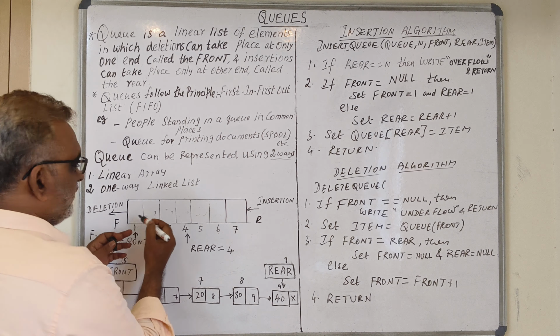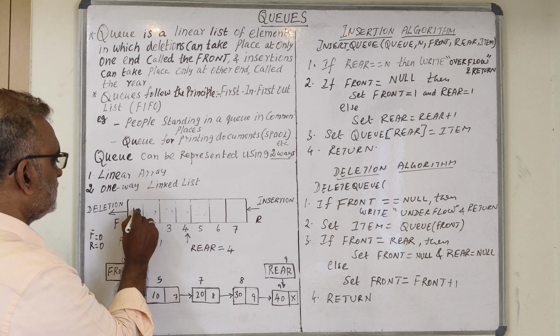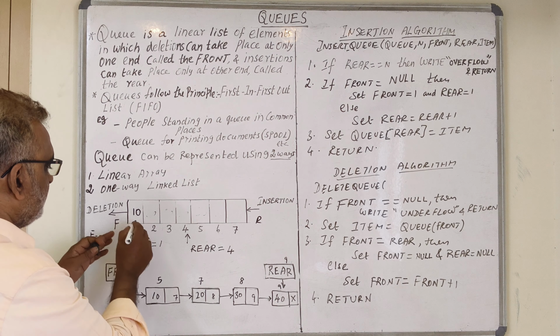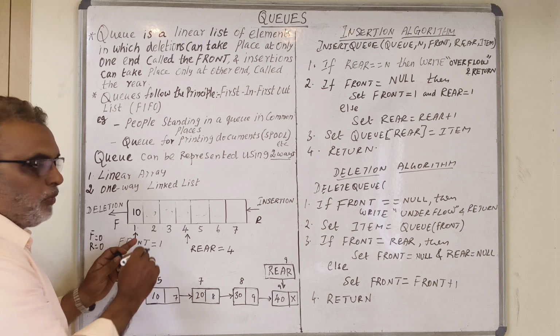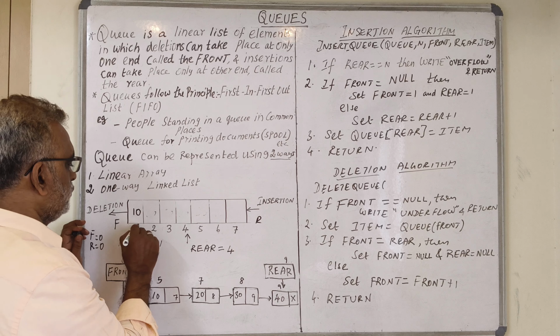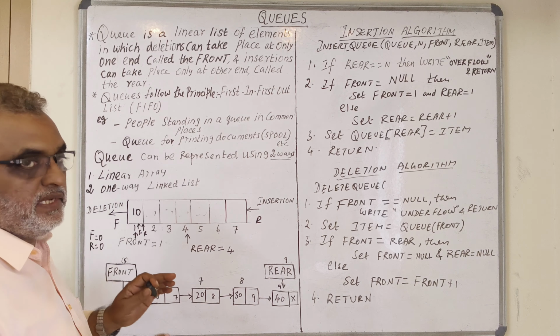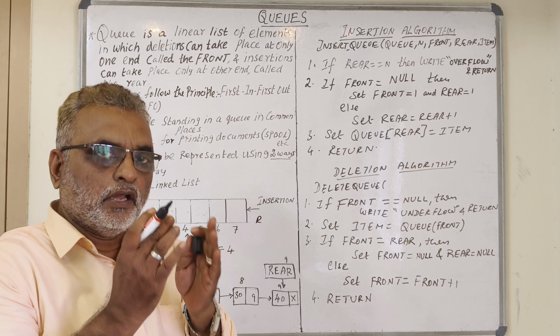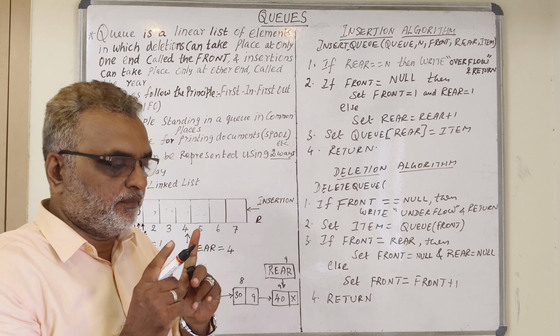First we insert a value through the rear end, and the value 10 is inserted. After this, what will happen? The front and the rear point to the same location. So the front is 1 and rear is also 1. This means that the queue now contains only one element.